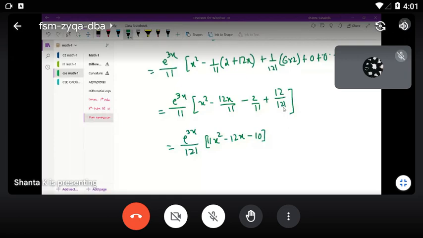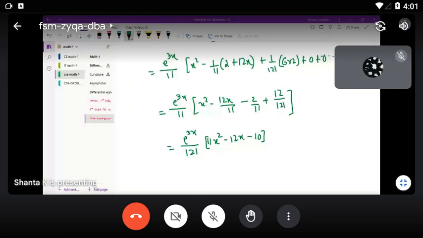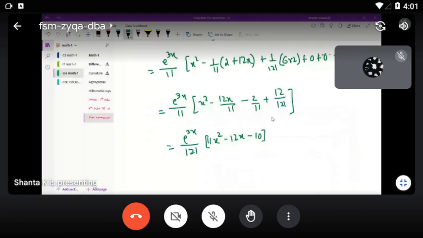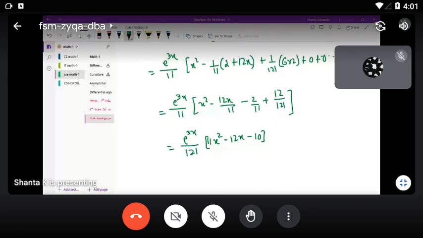It is 121. Okay, I took only 11 there. So here we will have, I think, how much? Minus 22 plus 12, it is minus 10. Or I missed something.